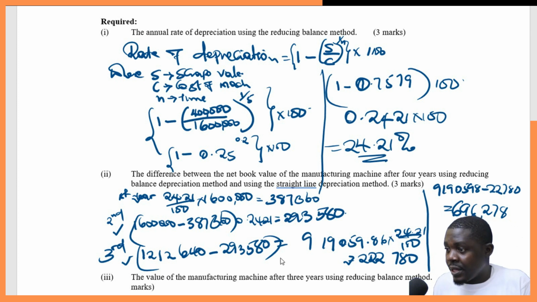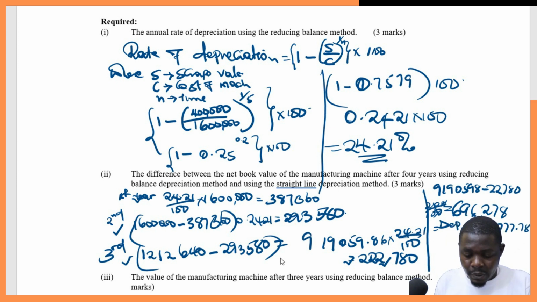After 4 years, we can determine the fourth year depreciation. 696,278 multiplied by 0.2421 gives 168,777.78, minus 696,278. The cost of this machine was 527,500.